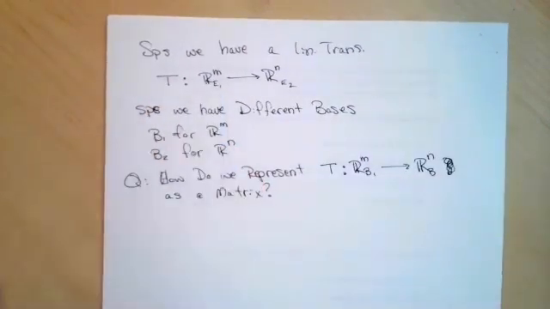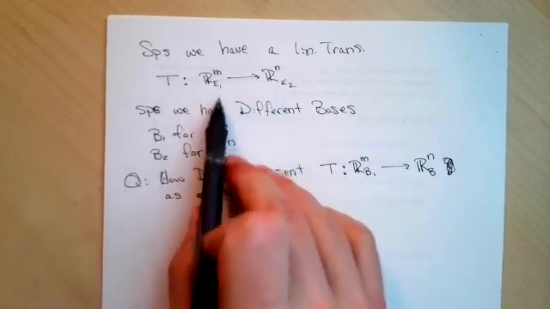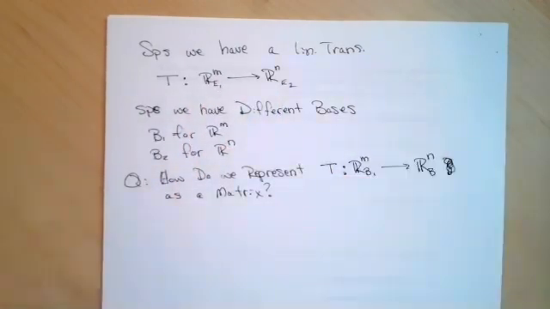As soon as we have a linear transformation, we want to use the same letter T. T itself is abstractly just a function from Rm to Rn, so it doesn't matter what the bases are. The linear transformation itself is always going to be a linear transformation. But these matrices that we associate to the linear transformation, this is why we've been using different letters. We don't want to define the matrix itself as the linear transformation, because we have to be more specific than that.